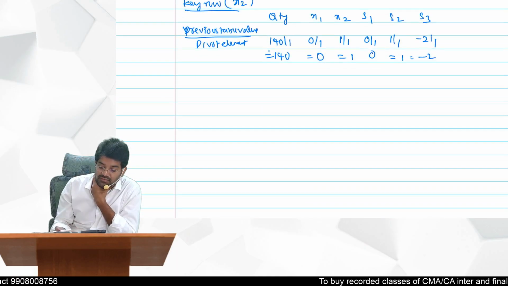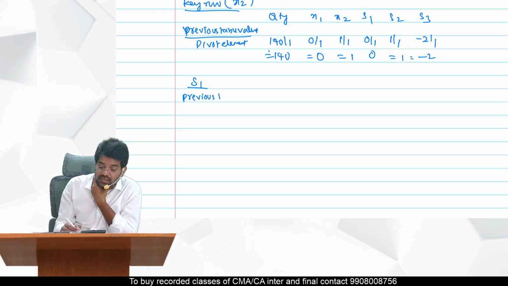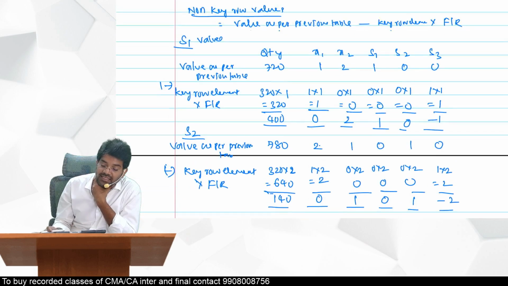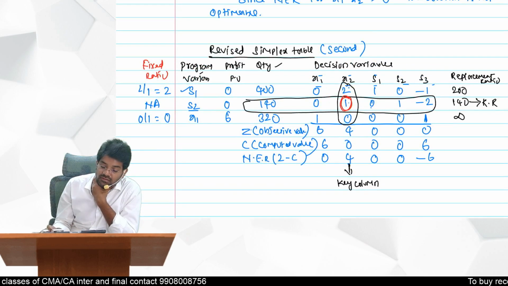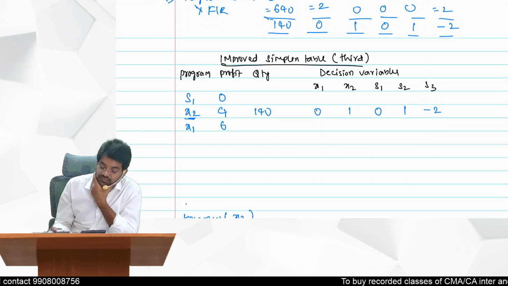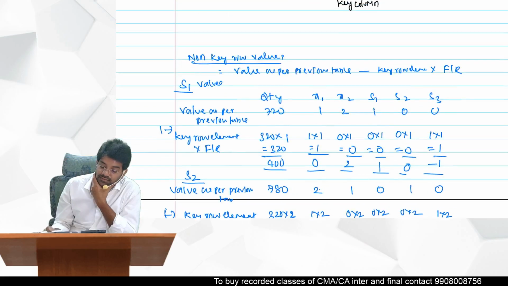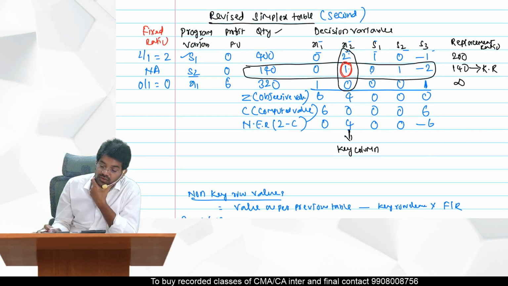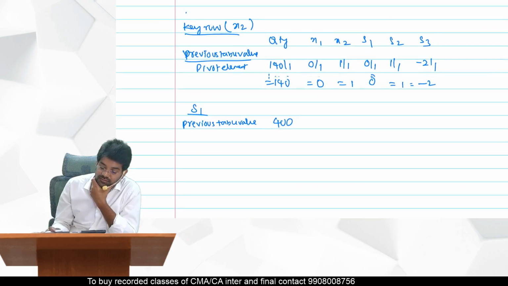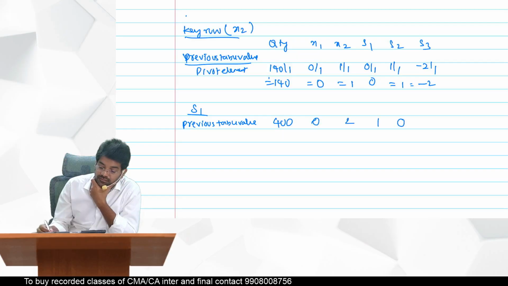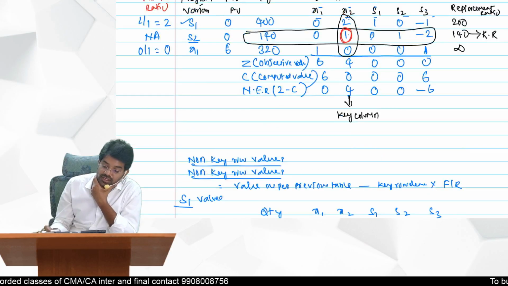Now for S1, what is the previous table value of quantity? 400. Quantity, 0 to 10 minus 1.